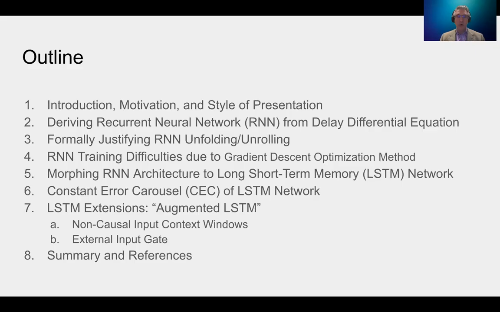We will then go over the well-known training difficulties, vanishing gradients, and exploding gradients, which arise when the basic recurrent neural network is trained using the gradient descent optimization method.